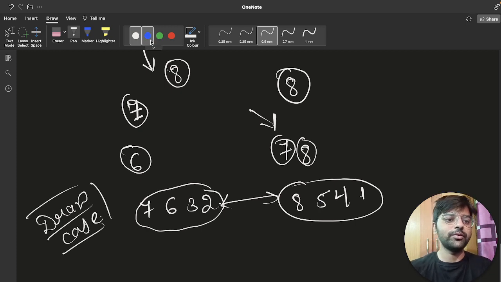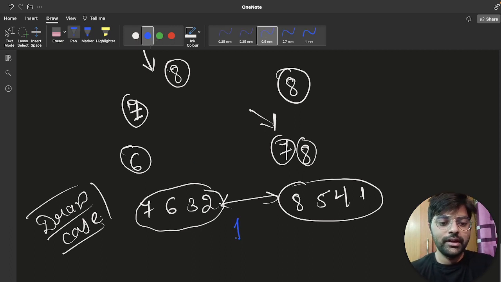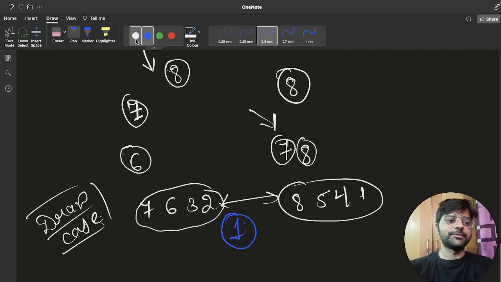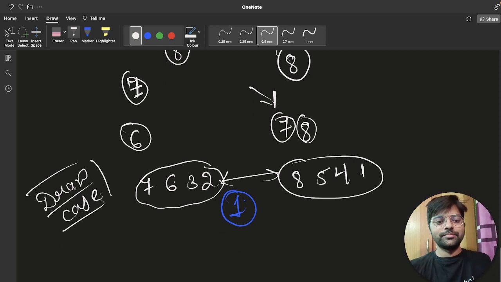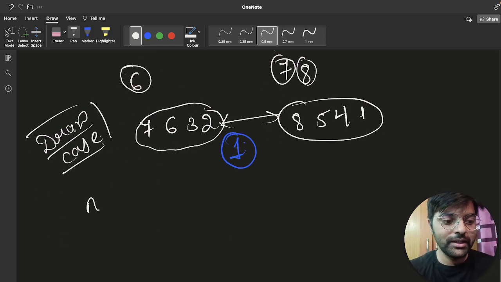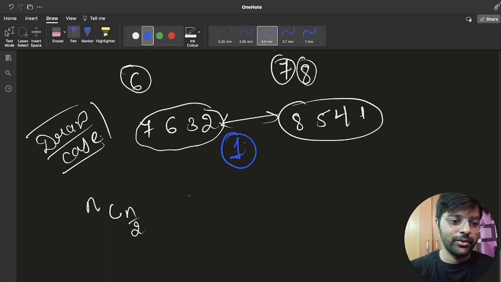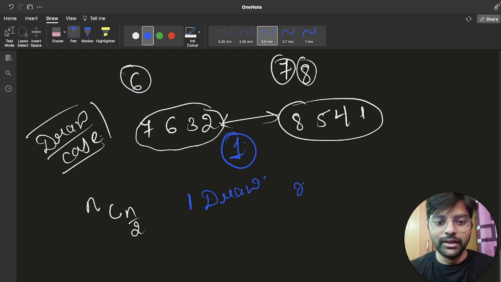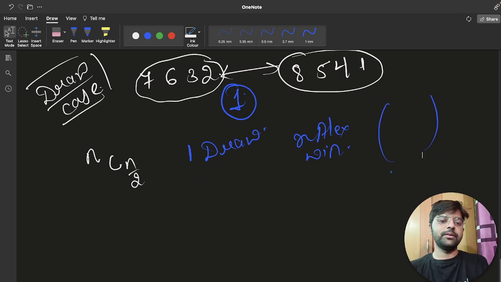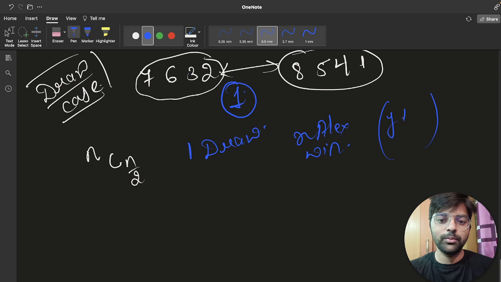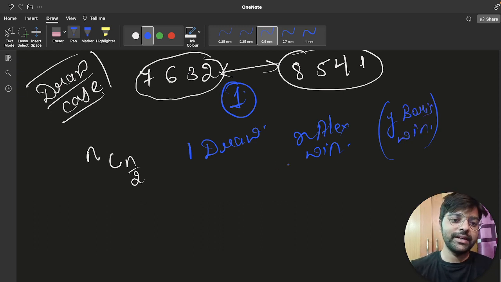So this is the draw case, and you have guessed it right that in the test example, the total number of draws will be 1, right? Now we know that there were n choose n by 2 total possibilities. One is a draw. Now Alex wins in some number of games, let's say x, and Boris wins in y.